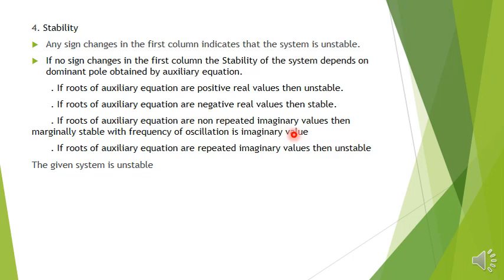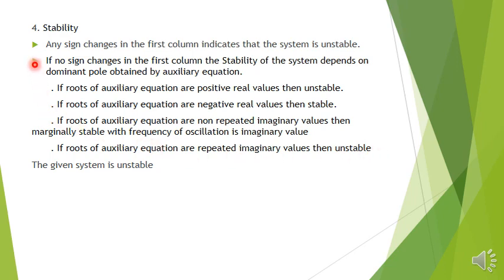For example, if we get j2 and minus j2 as roots, then it is marginally stable with frequency of oscillation 2. Now if the roots of the auxiliary equation are repeated imaginary values, then it is unstable.